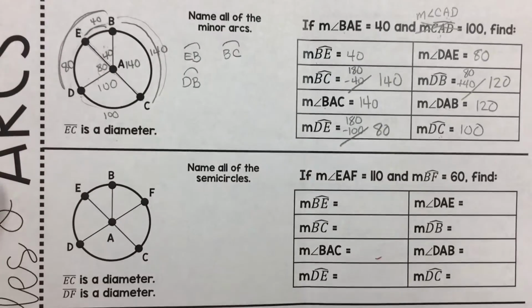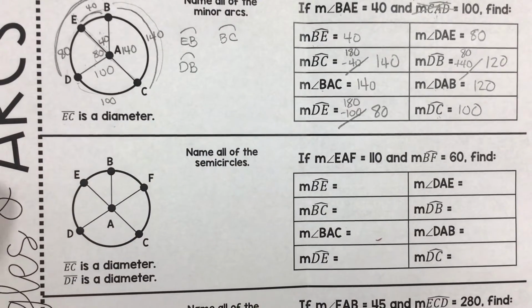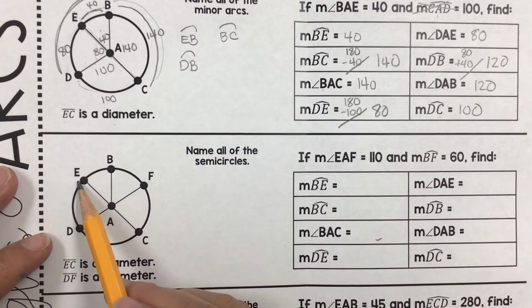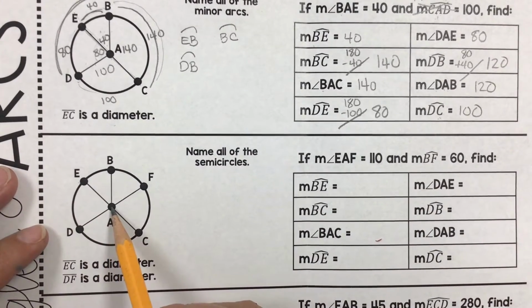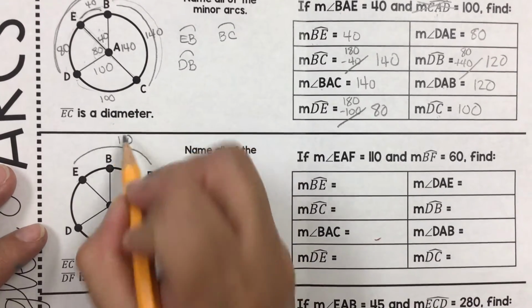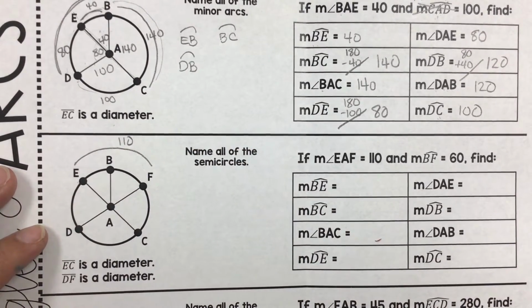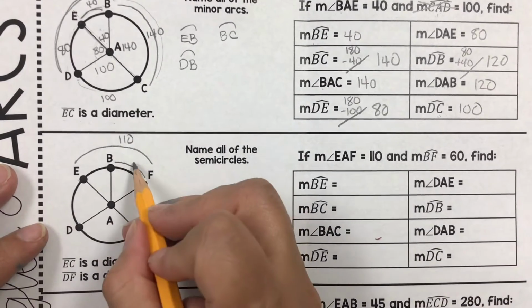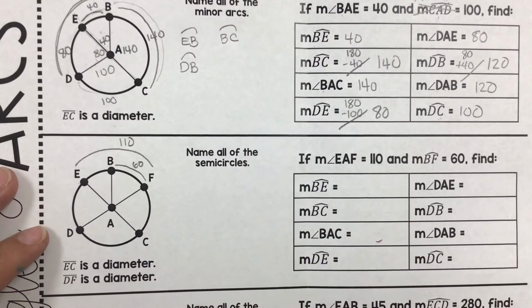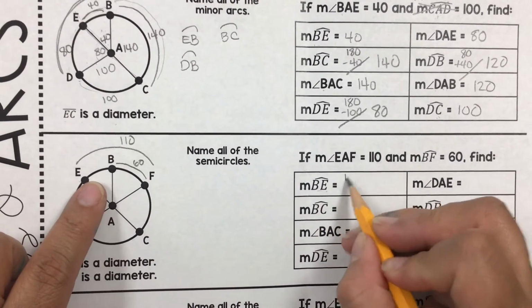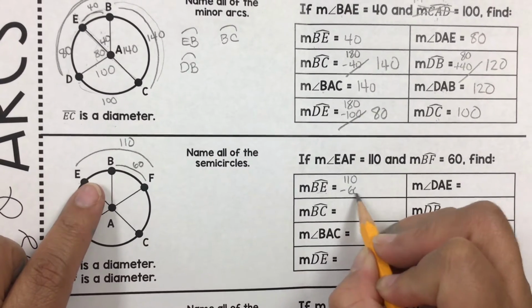So the next section looks very similar. We're just going to take this information and plug it in. EAF, that's both of these together, is 110. And BF, just this one right here, is 60 degrees. So I want BE, I take 110 and subtract 60.